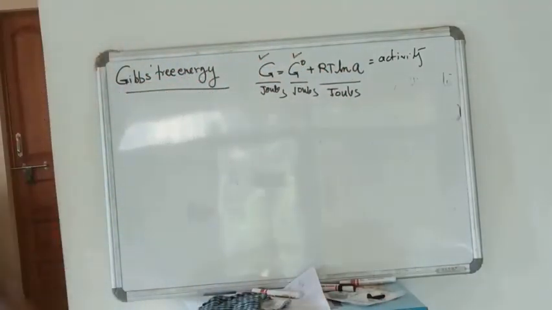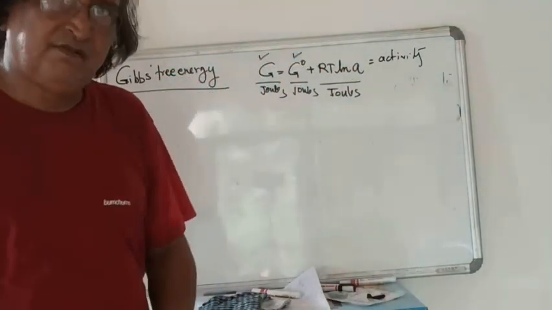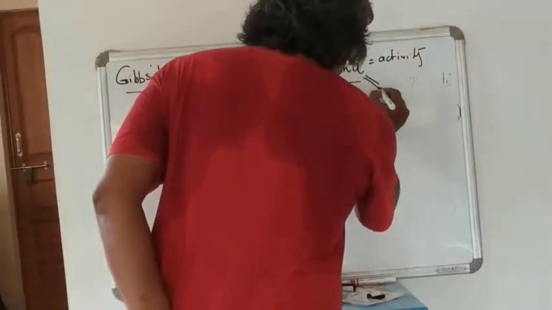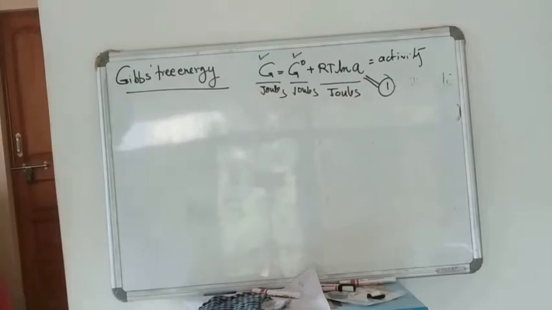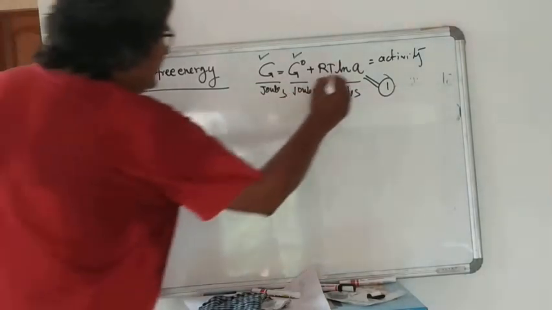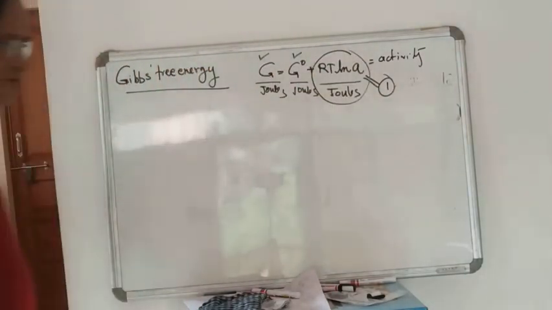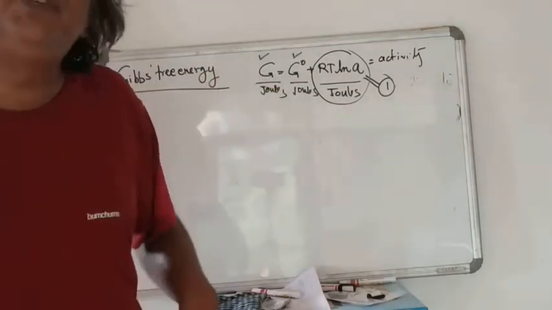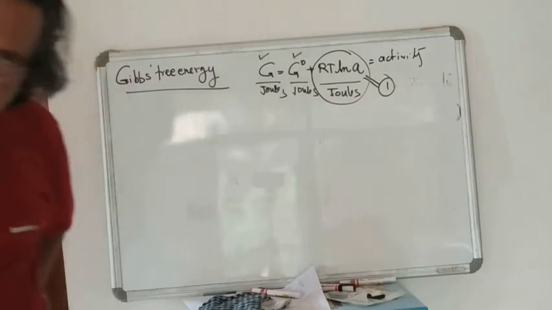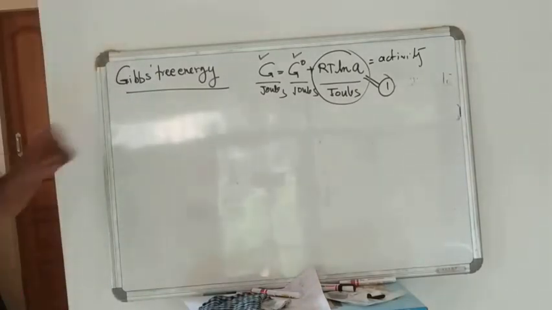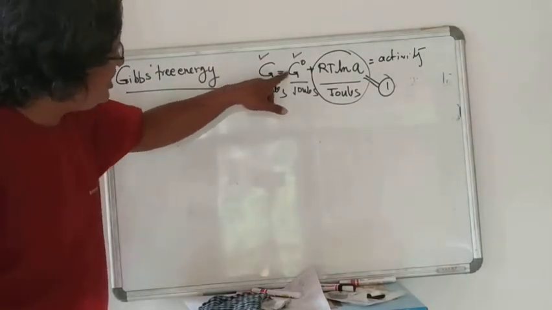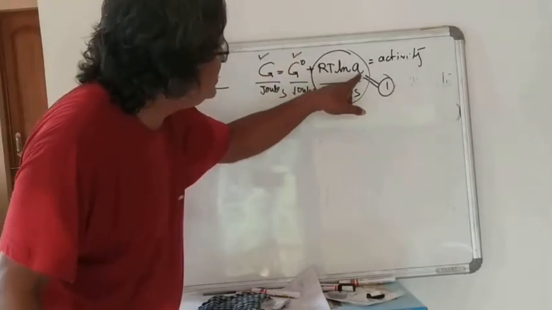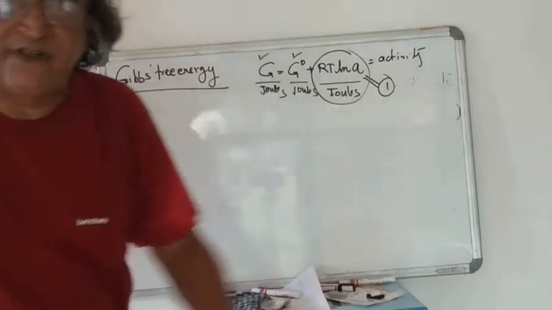Have you understood? If I take a pure phase, activity is equal to 1. If this is 1, then this term vanishes. That means G becomes equal to G0. So G is equal to G0 if activity is equal to 1 for a pure phase.